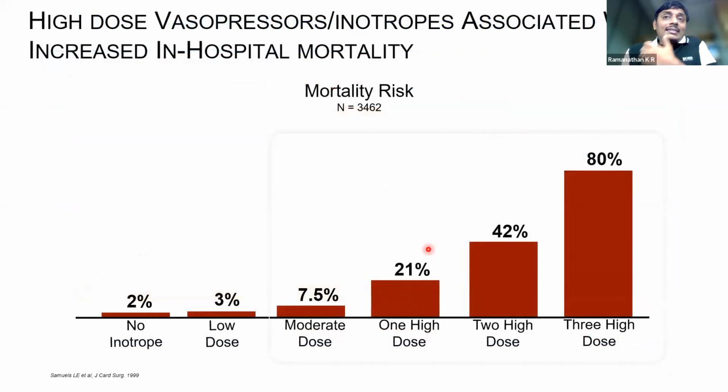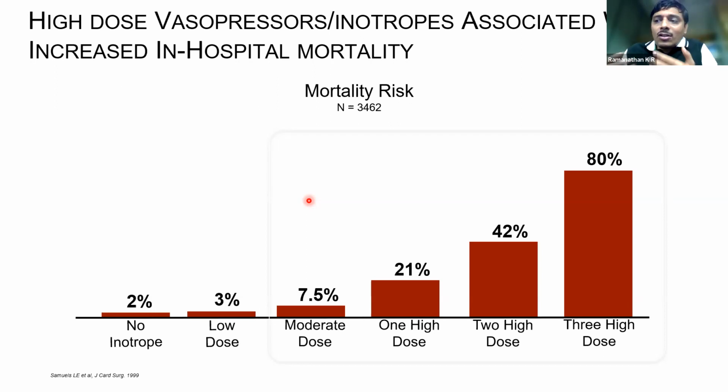Now, having said that, patients with shock will need inotropes at some stage. And as and when they need inotropes, they definitely would end up in the progressive stage of shock, which you saw earlier. And the more inotropes they are on, the worse their hospital mortality is going to be.